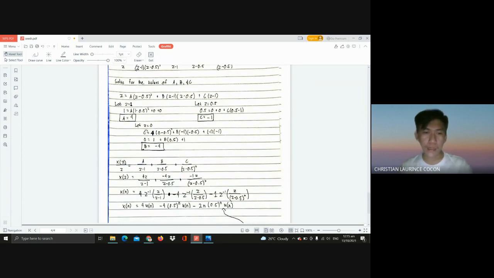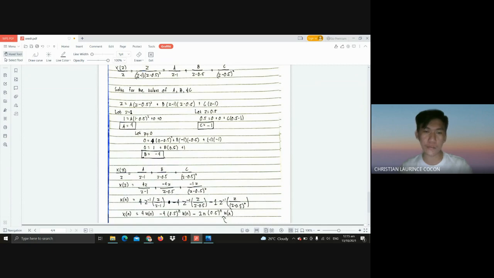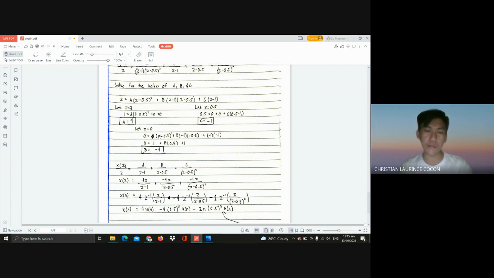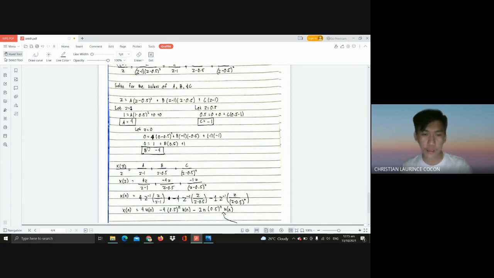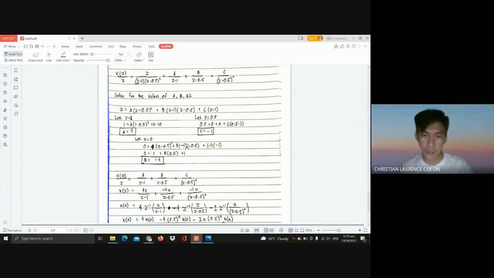Let z is equal to 0. I chose 0, you can choose other numbers, but 0 is the easiest for me. So 0 is equal to 4 multiplied by (0 minus 0.5) squared plus B multiplied by negative 1 times negative 0.5 plus negative 1 multiplied by negative 1.